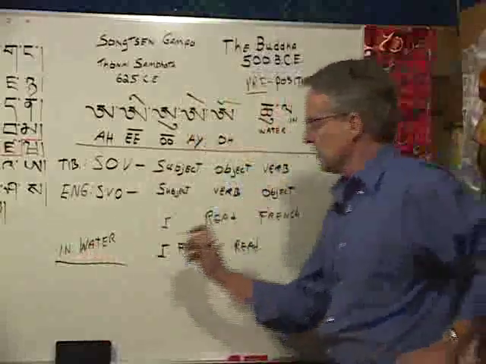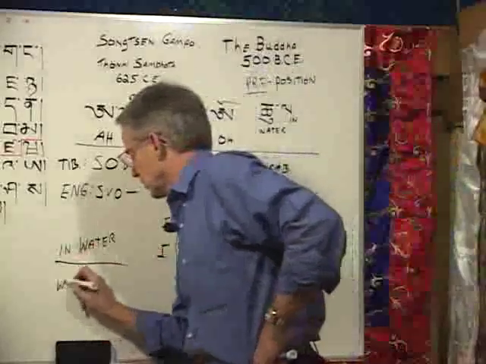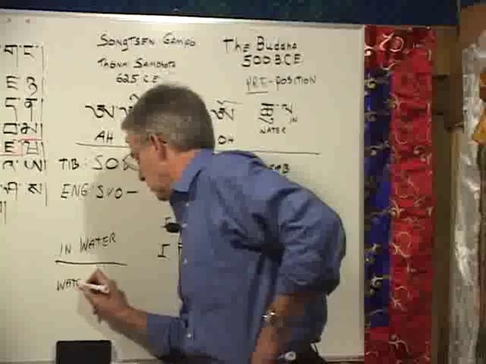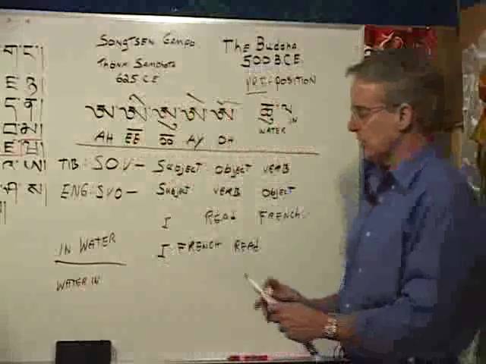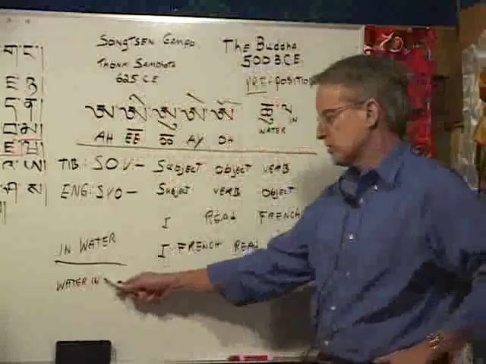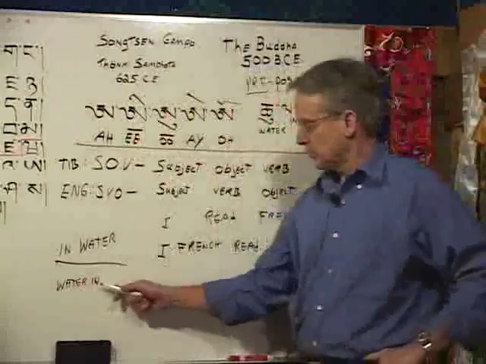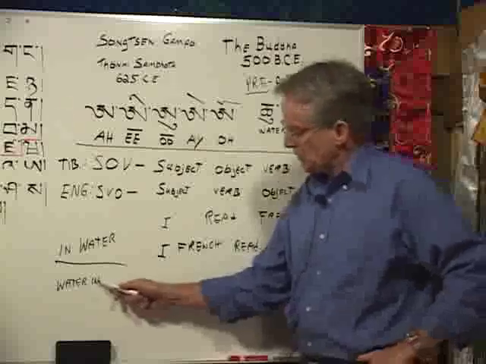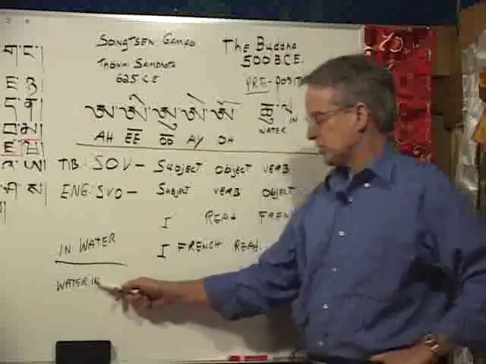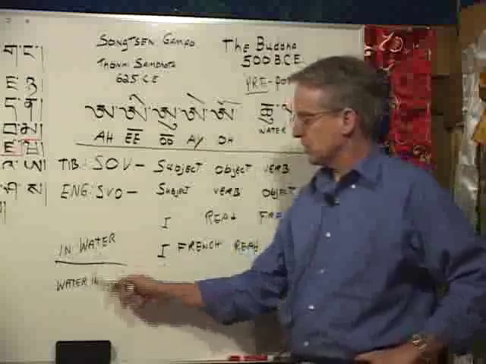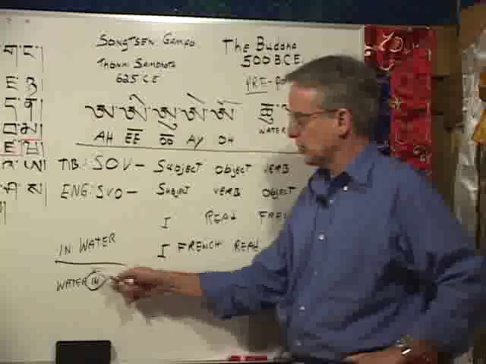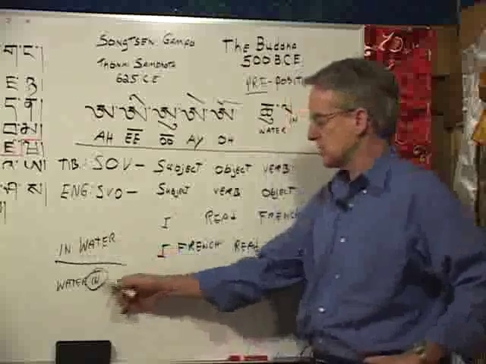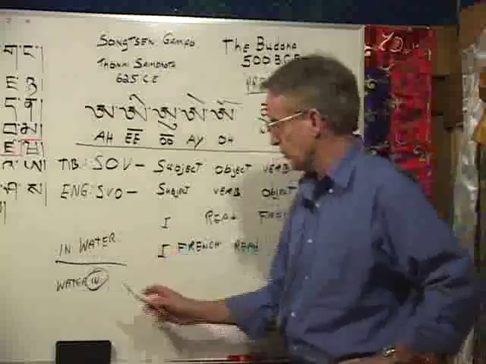And in Tibetan, however, we say water in. That's that which we call the preposition in English. That term is no longer satisfactory because the preposition that was placed before in English comes after in Tibetan. So sometimes we refer to what we normally call a preposition as a postposition because it comes after the word it modifies.